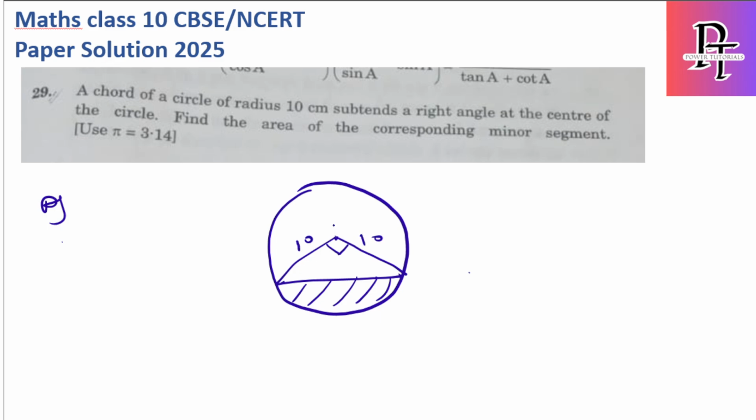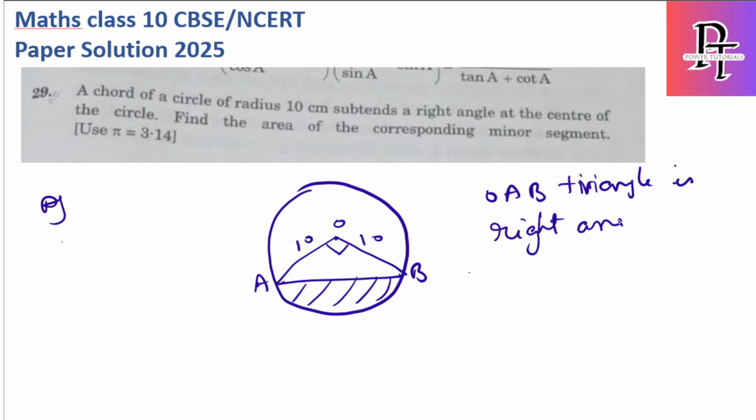So simply I can say this OAB triangle is a right angle triangle. Okay, I'll write it neatly again.